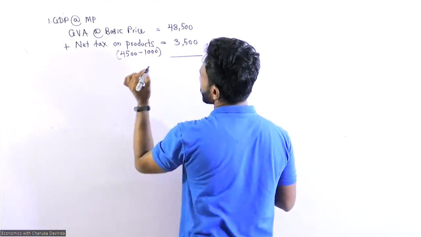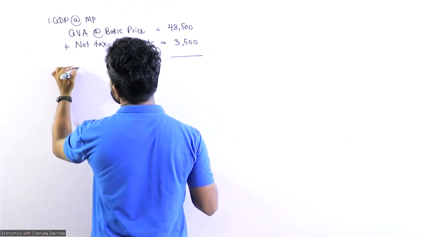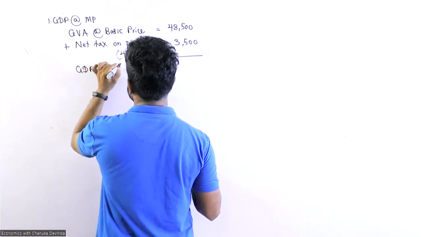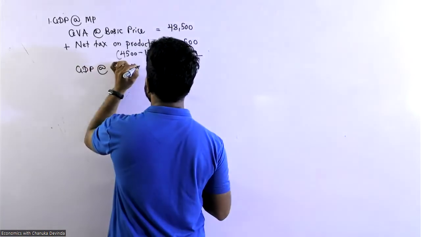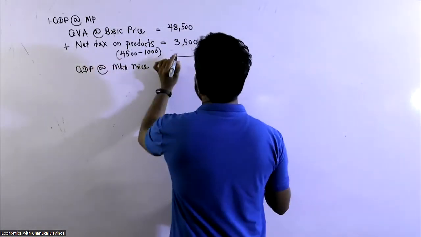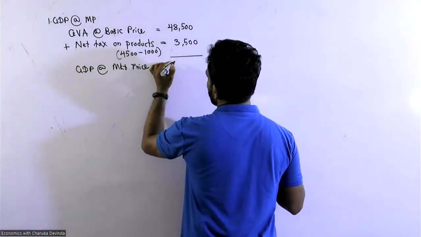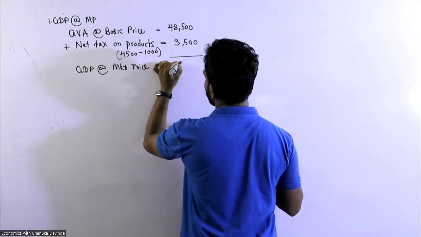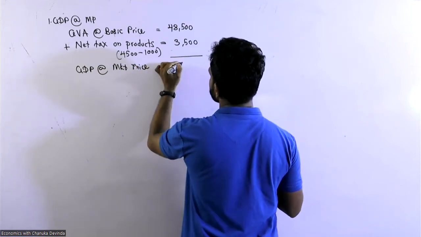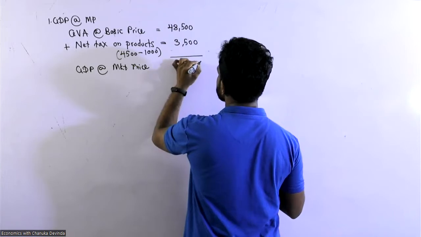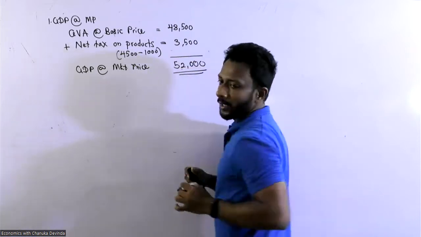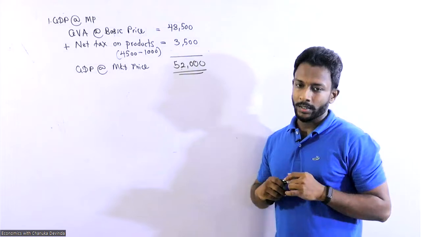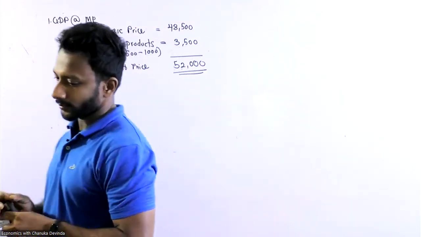So this is GDP at market price, 52,000. Right, write it down.